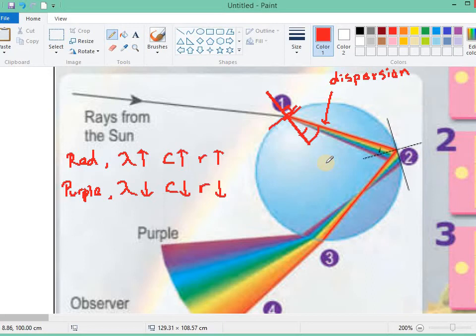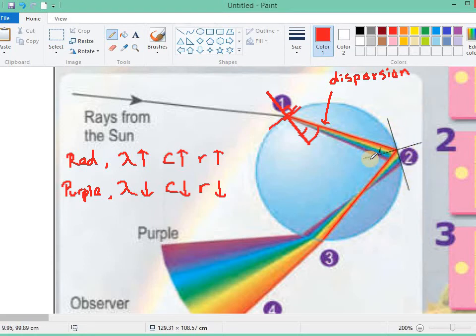So when this happens, the light will spread out, the different color of light will spread out. So this is what we call a dispersion of light. Okay, the light disperse, and then when the light reach here, reach the back of the water droplet. You see, this is the normal, this is the tangent of the surface of the circular surface.